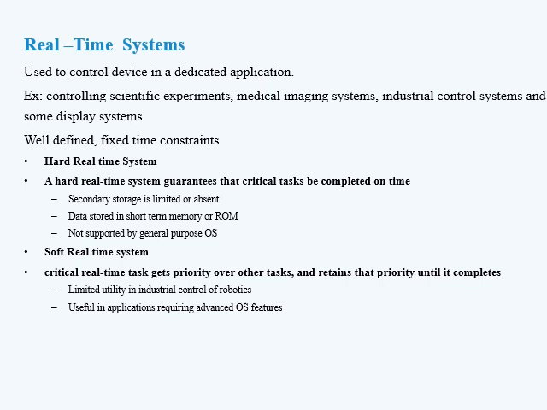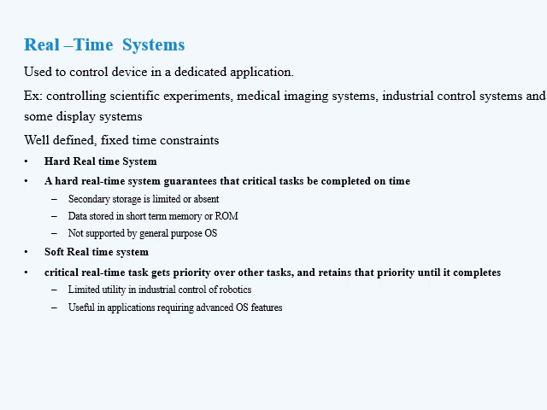Here we can classify the real-time system into two: one is the hard real-time system and the other is the soft real-time system. Hard real-time systems are systems employed for some critical task. The example I said, the system which monitors the boiler temperature or pressure, is an example of a hard real-time system, because they are monitoring a critical task.